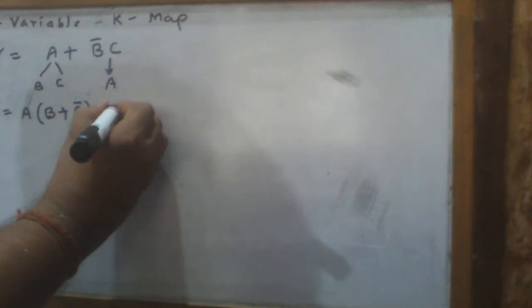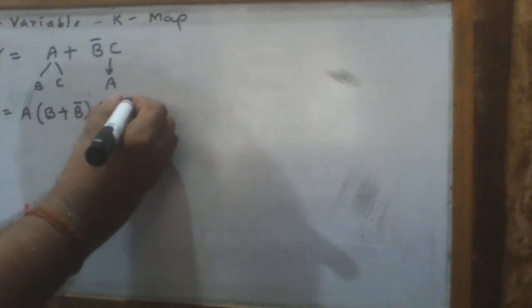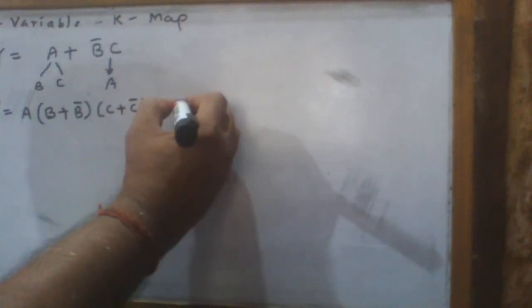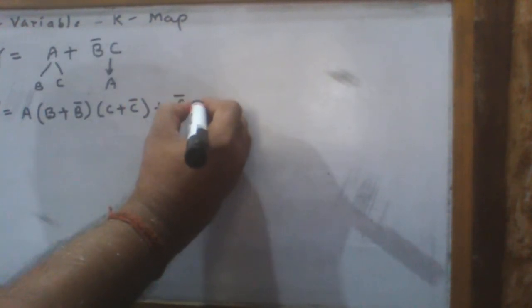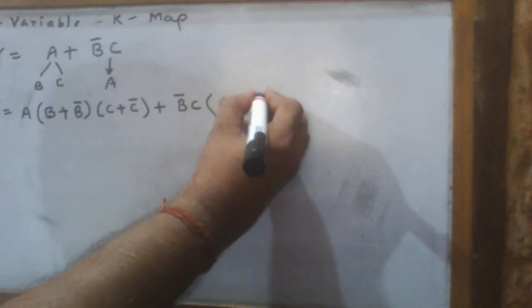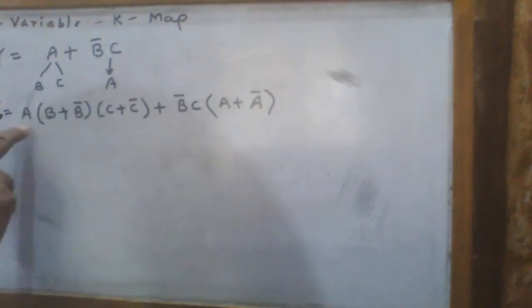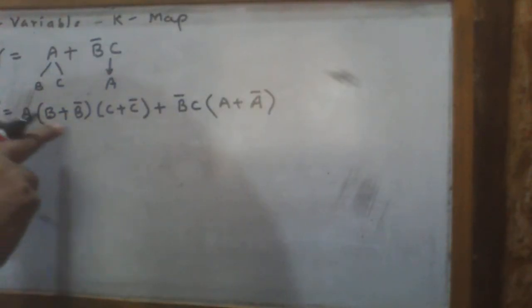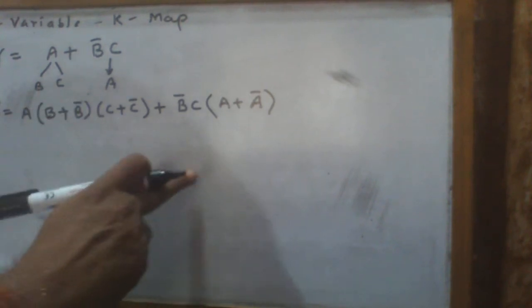Write another missing term, that is C plus its complement form, that is C plus C bar, plus B bar C. I will write as it is, and write A in its true form and complement form, that is A plus A bar. In this way the equation can be modified.